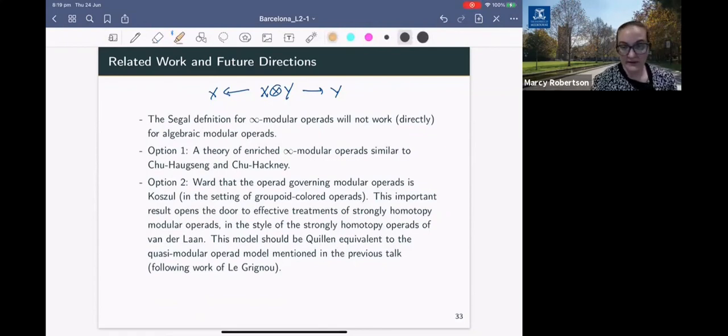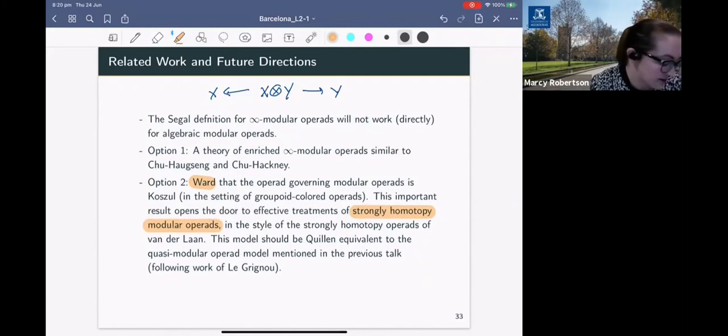And I think maybe something that's a little bit closer to what people are familiar with: Ben Ward has, oh, Ben, you're in the audience. Maybe you can jump in on this then. Ben Ward has shown that the operad governing modular operads is Koszul, so for groupoid colored operads. And I think that you could use what he's done to talk about something called strongly homotopy modular operads, which is similar to the strongly homotopy operads of van der Laan.